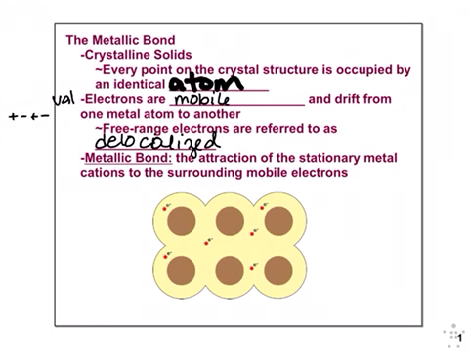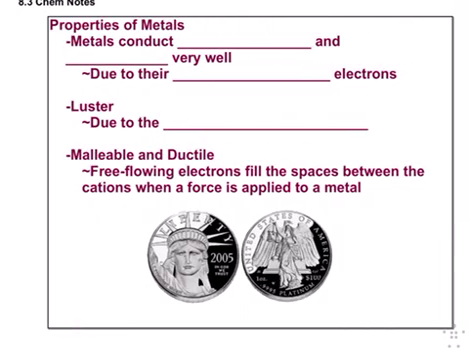So a metallic bond is the attraction of the stationary metal cations, which are these bigger brown circles, and they are attracted to these mobile electrons that have this free-floating capability. And remember, it's just the valence electrons that are free-range electrons.